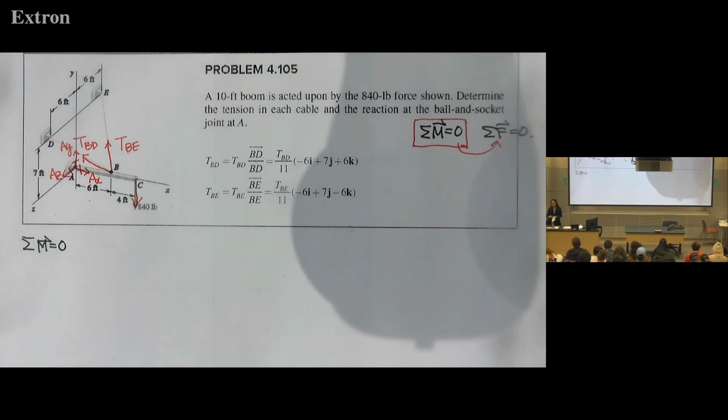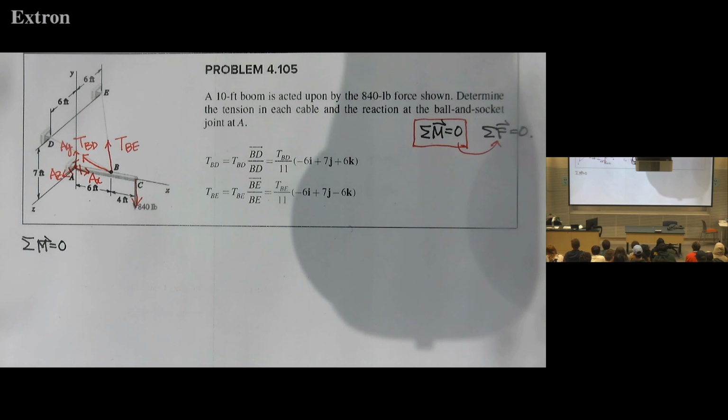And now the moment equivalent equation here. We need to choose the reference point, and we have 3 options, A, B, C. Which one would you use? Either A or B is a good option. If you choose A, you can find TBE and TBD.